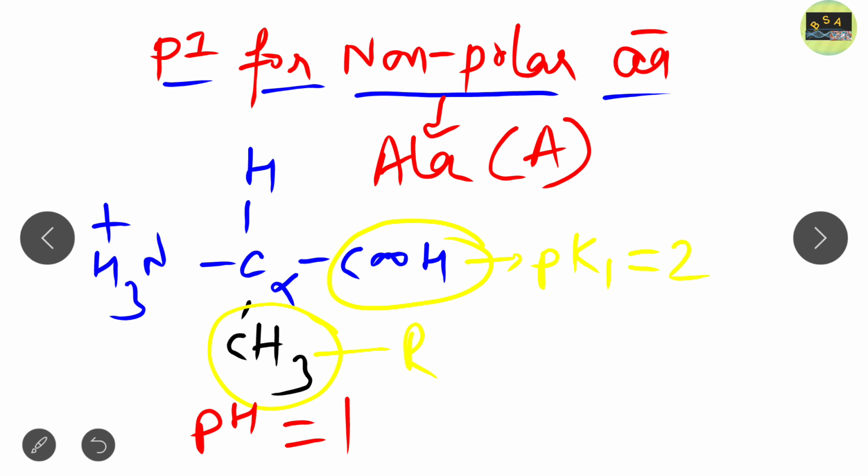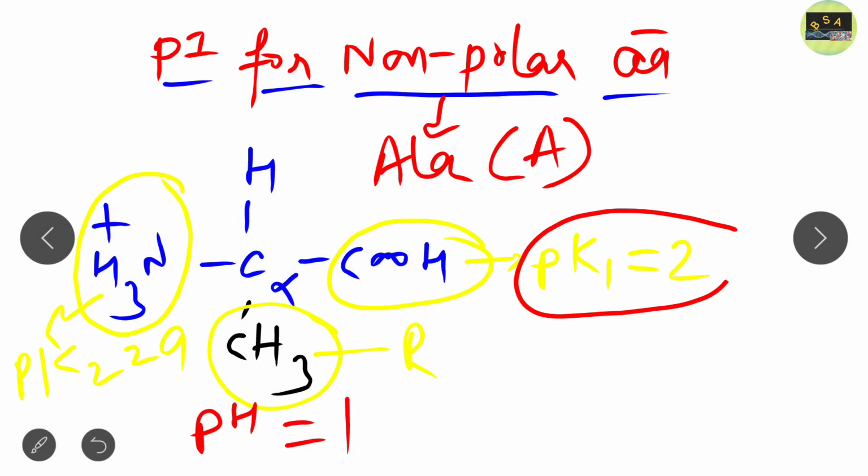Please remember this: we take an average pK1 value of 2 for COOH, and an average pK2 value of 9 for NH3. This is the first important thing you should remember.